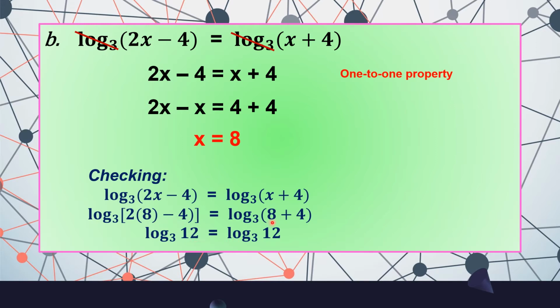Then here, 8 plus 4 is equal to 12. So we have now logarithm of 12 with base 3 equals logarithm of 12 with base 3. So as you can see, they are the same. They are equal. So our answer, which is 8, is correct.